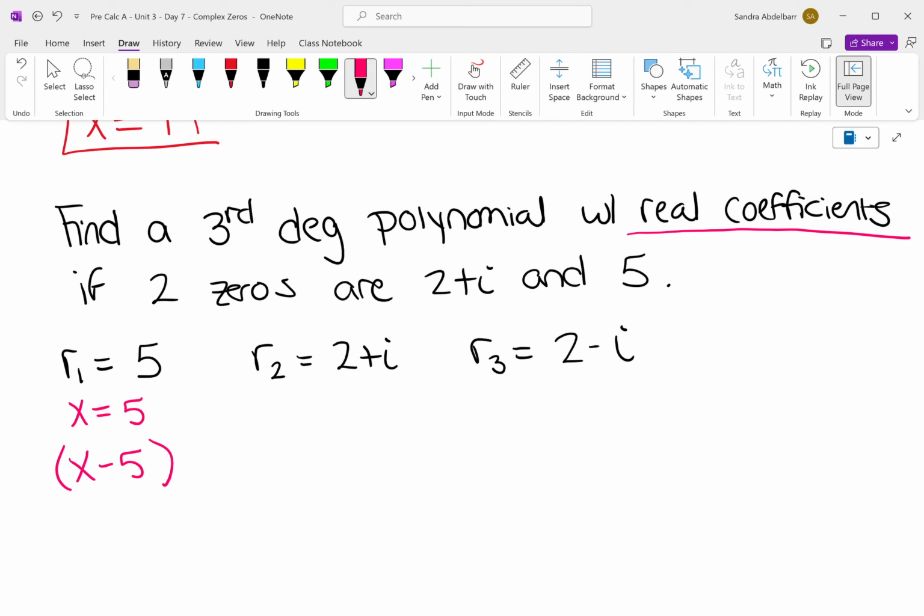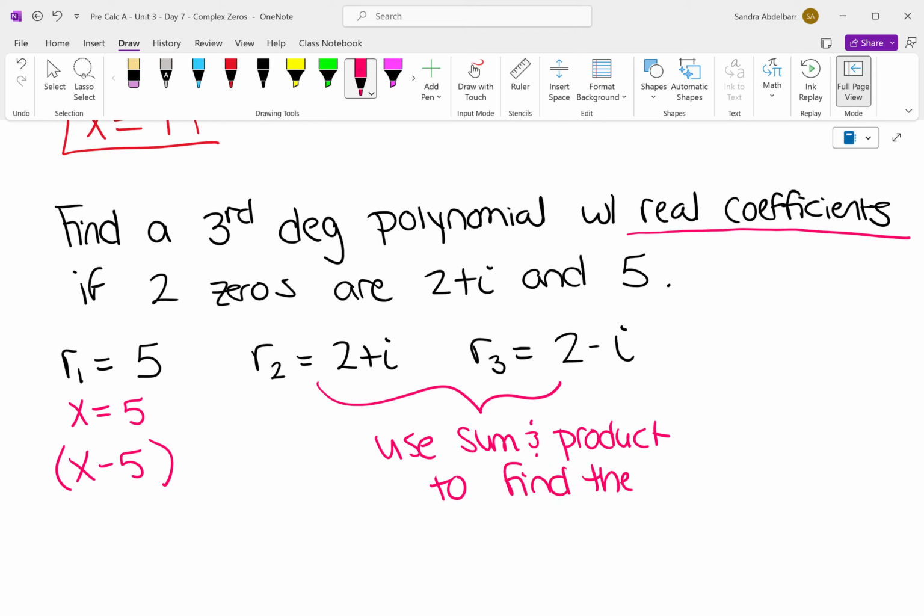I need real numbers. So I'm going to use sum and product to find the factor that gave R2 and R3.